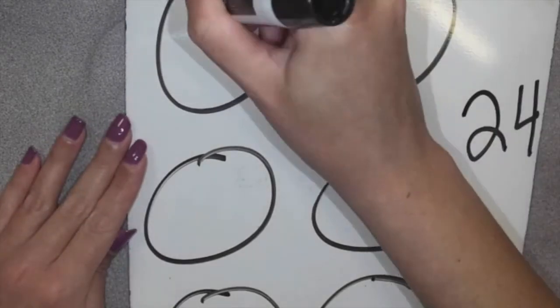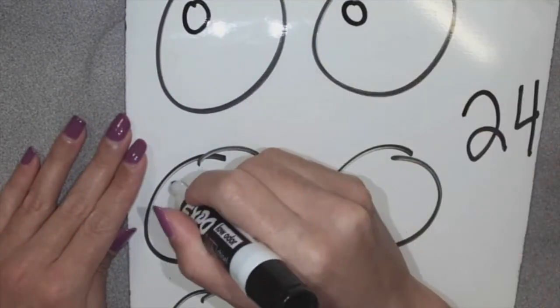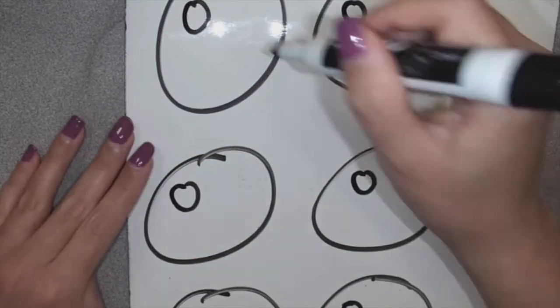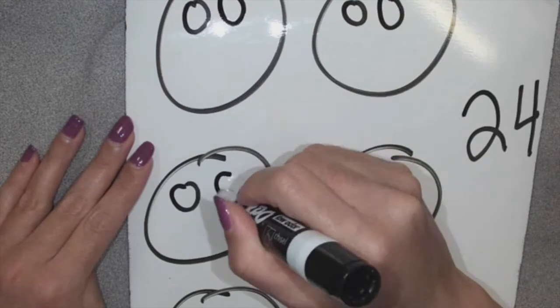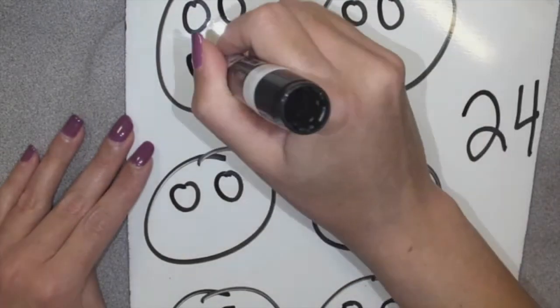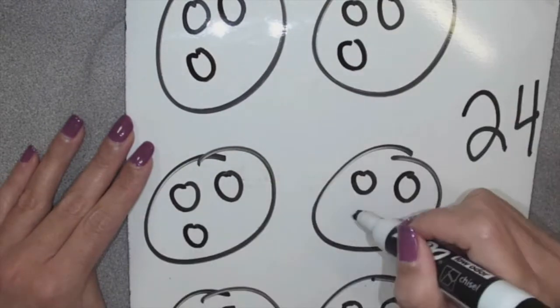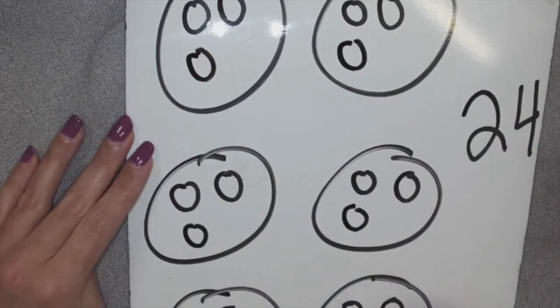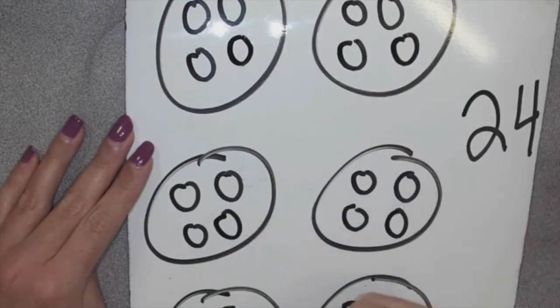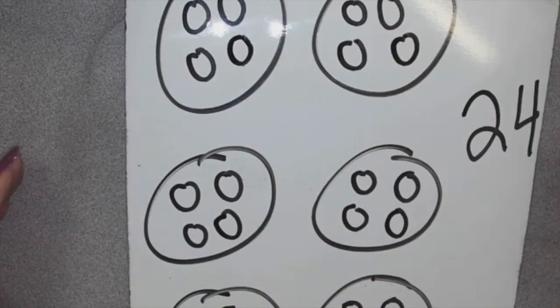Watch me. 1, 2, 3, 4, 5, 6, 7, 8, 9, 10, 11, 12, 13, 14, 15, 16, 17, 18, 19, 20, 21, 22, 23, 24. Stop.